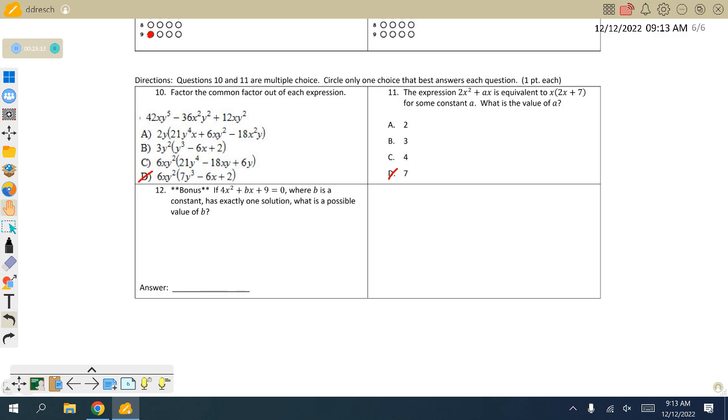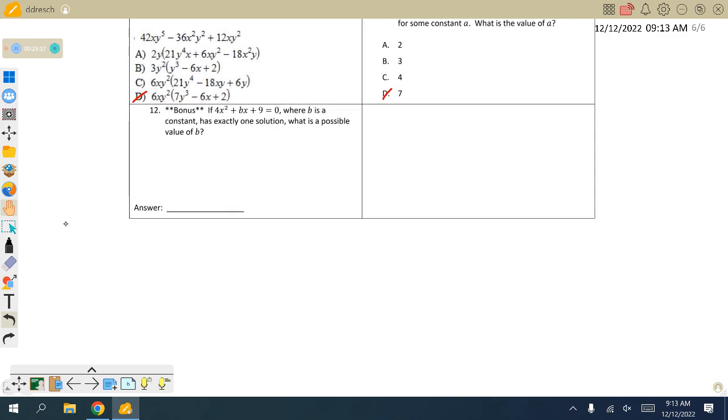And the same thing happens with number 12. How can we get exactly one solution for value B? Well, play that game of what this had to factor out into. It has to factor out into this right here. When we get one solution, I get this deja vu feeling.